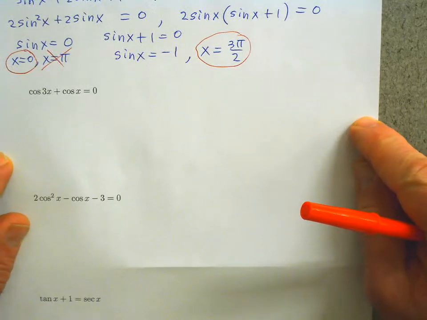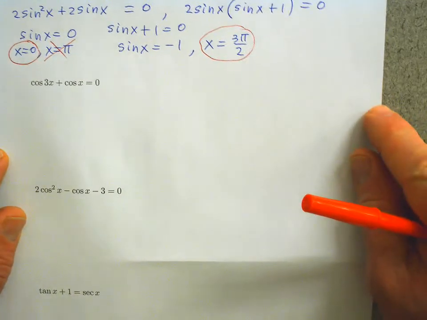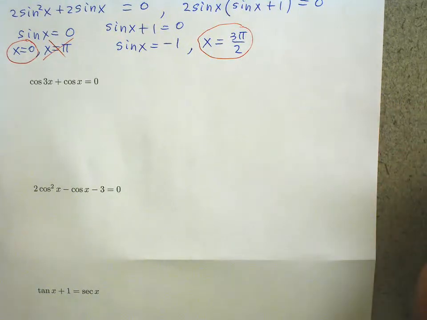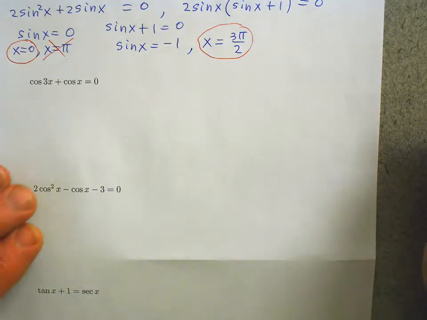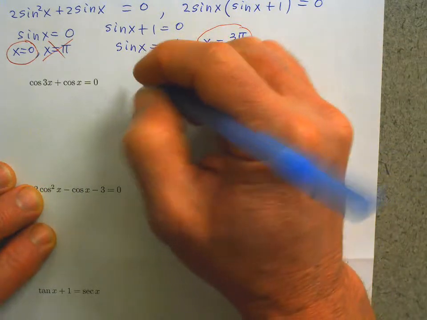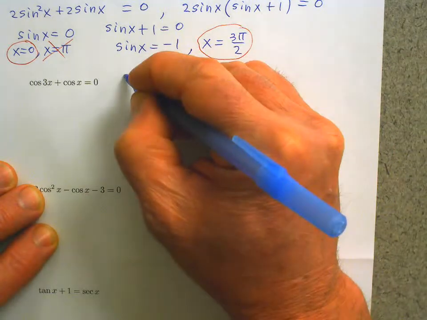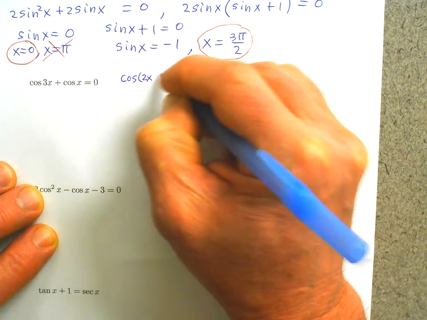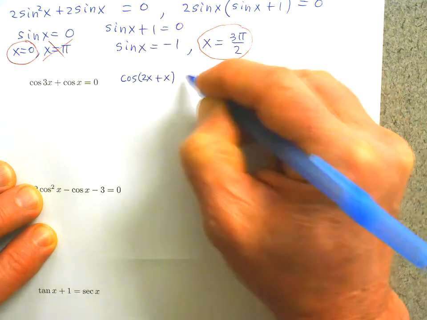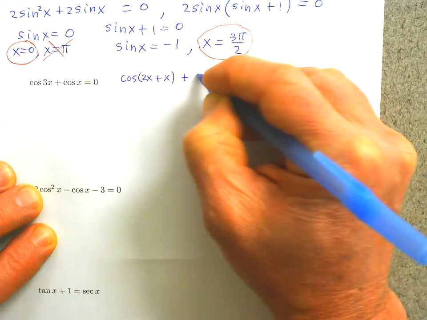Okay, the next equation, cosine of 3x plus cosine of x. So what are we going to do this time? Think of cosine of 3x as cosine of 2x plus x, and then plus cosine of x.